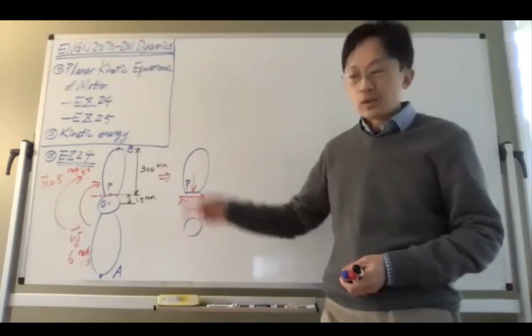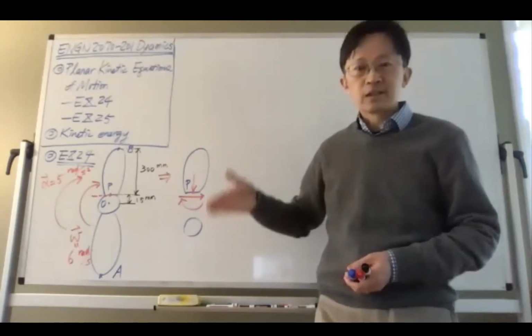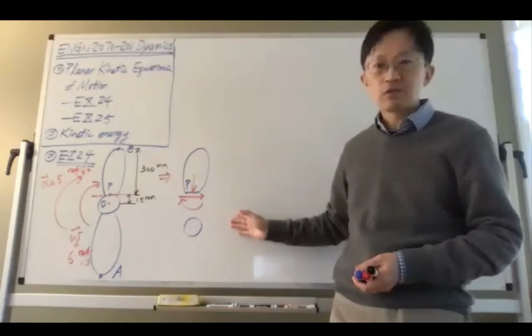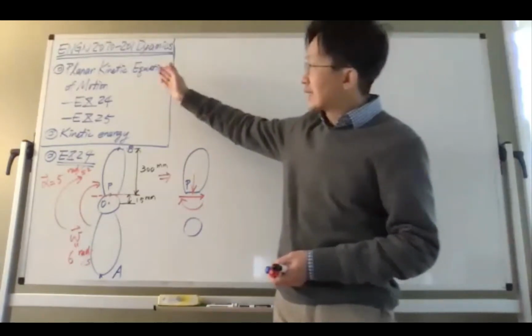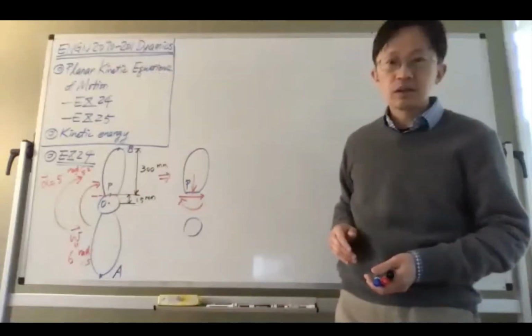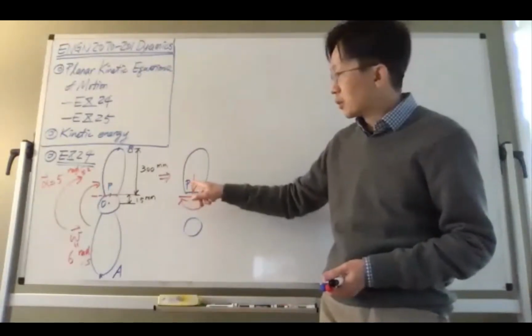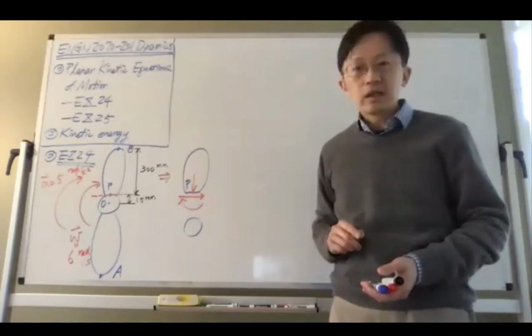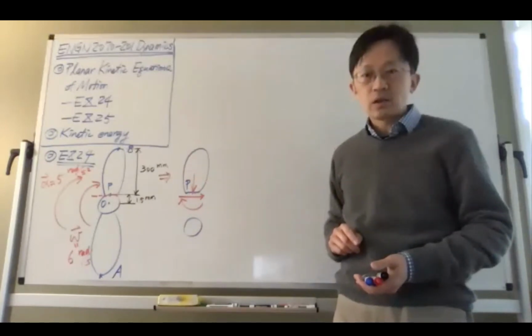That's why when you start spinning something, there will be internal forces developing. Example 24 is to exercise the principle from planar kinetic equations of motion to figure out how we can determine these three internal actions or reactions.